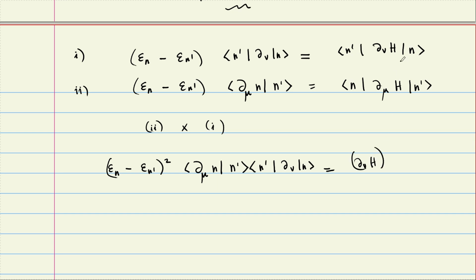So this is like a matrix element of this. If you want, this is like a velocity operator, right? If you take the derivative of Hamiltonian, it's kind of like a velocity operator. So this is going to be n prime n, and this is del nu h n prime.